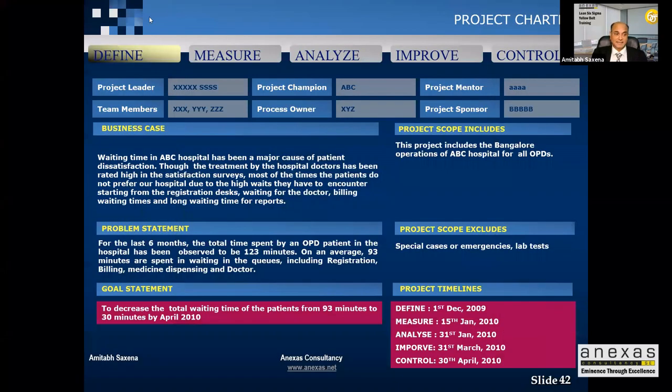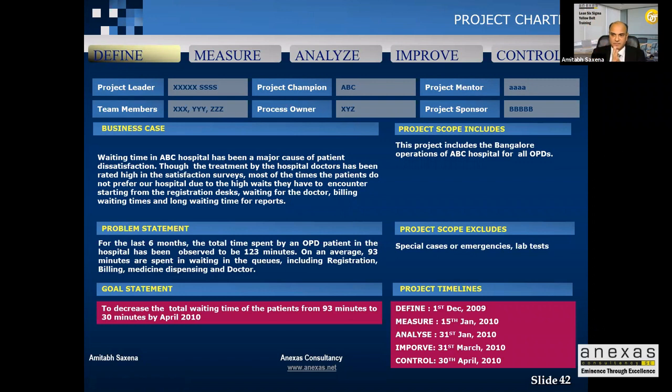Now, we have not learned any tool as of now, so please, I'm just giving an overview right now. The purpose is not to teach you those tools. The purpose is to give a little bit of idea what DMAIC is about, what happens in define, measure, analyze, improve, and control, and what are the tools which we use in each of them.